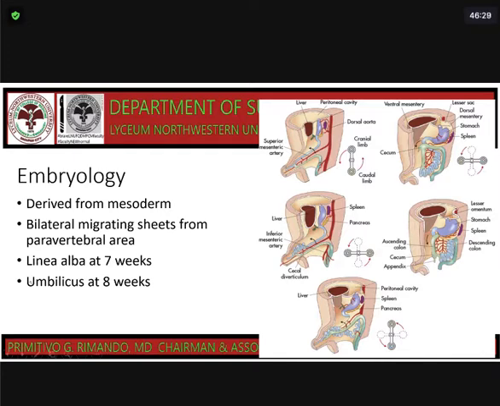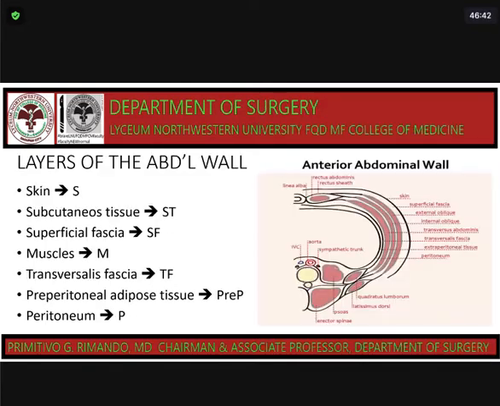So the lateral folding, by 7 weeks, it's already at the linea alba. By 8 weeks, it closes your umbilicus. So a review of the layers of your abdominal wall. Of course, you have your skin, your subcutaneous tissue.